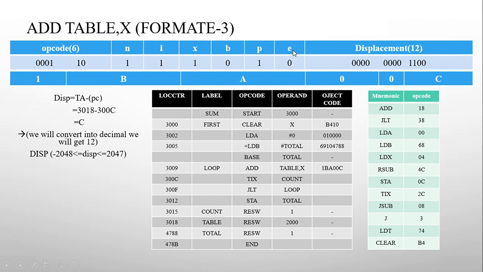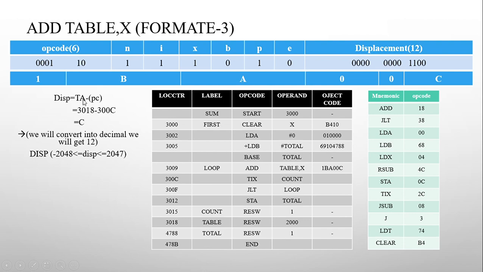Here e is set to 0 because it is not format 4. Next, we need to find out b and p, whether this is base relative addressing mode or program counter relative addressing mode. We need to consider the displacement formula. That is, displacement is equal to target address minus program counter. Let us consider the target address.